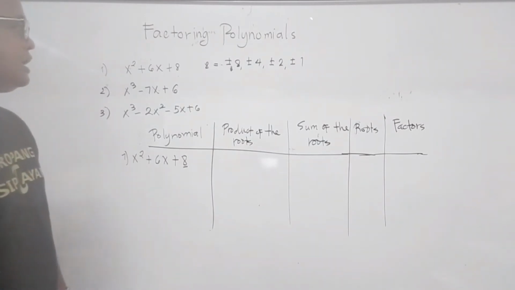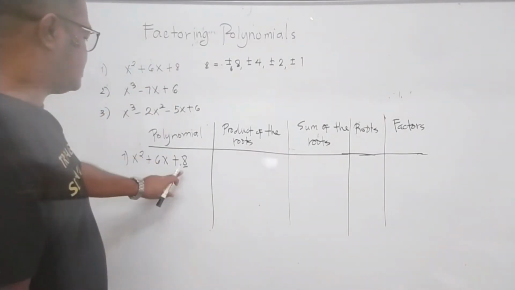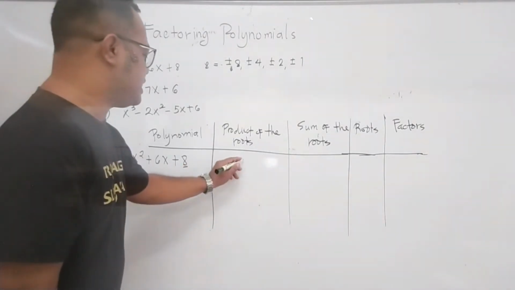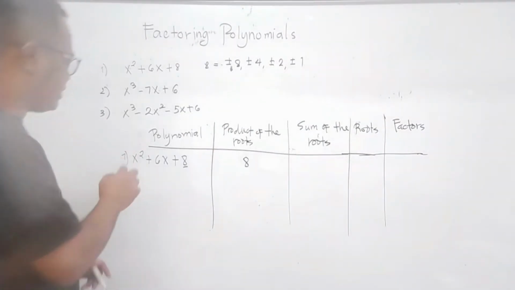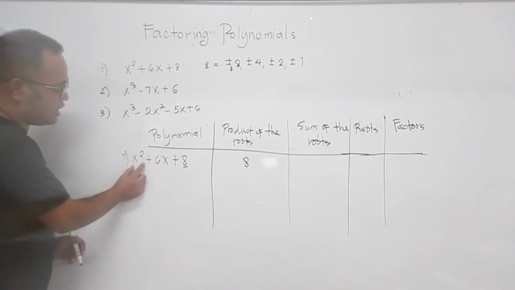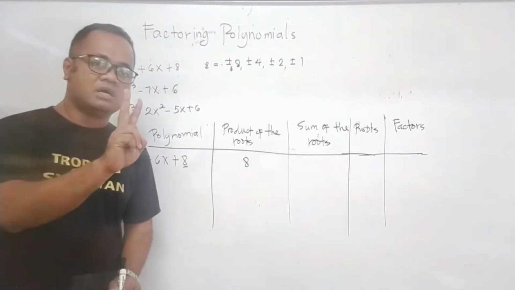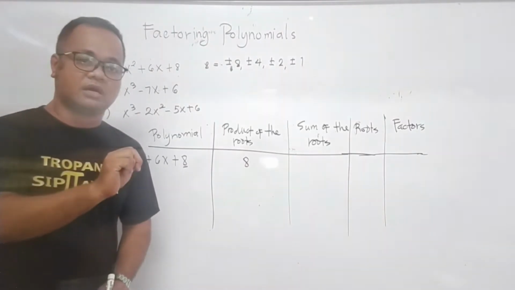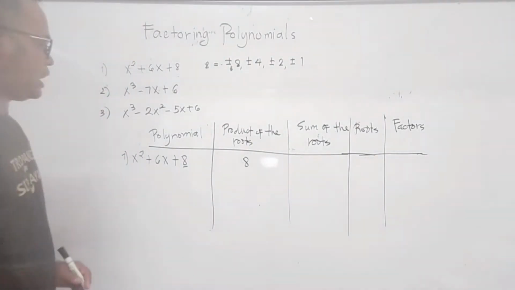6x plus 8. Now, you look at the last term, which is 8. 8 is the product of the roots. By the way, if the highest exponent is 2, it means the roots are 2, or we have 2 solutions: 2 values, x1 and x2.